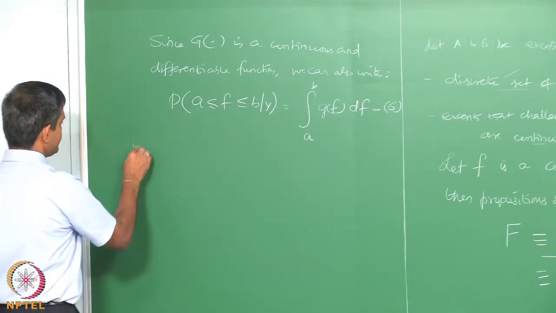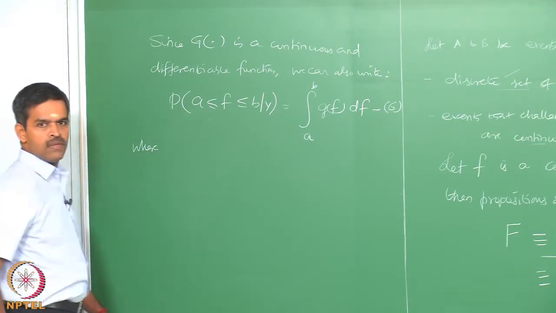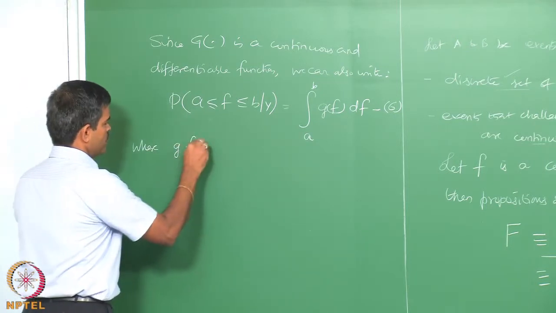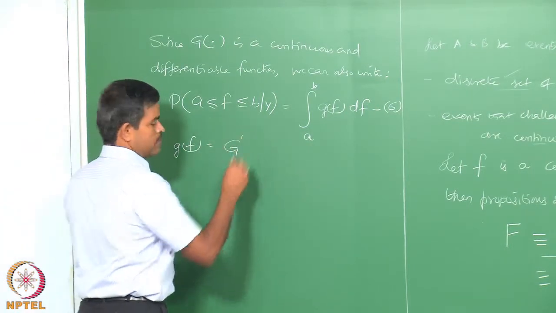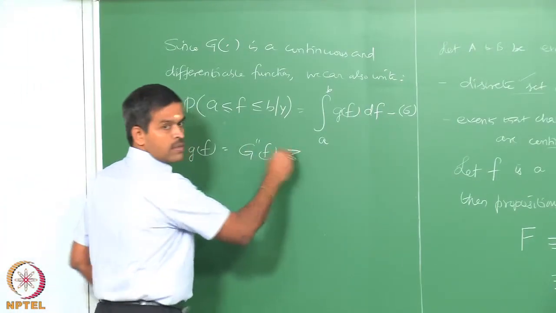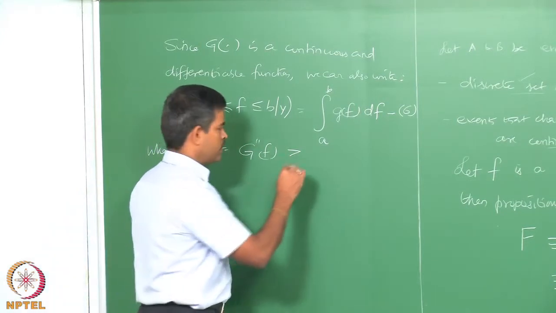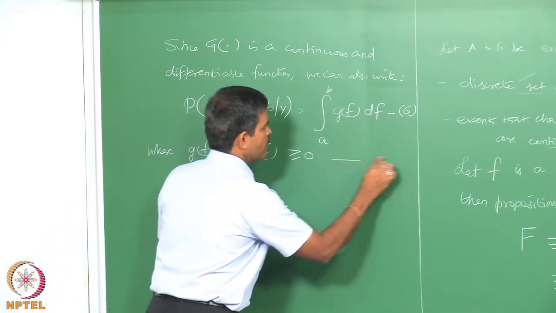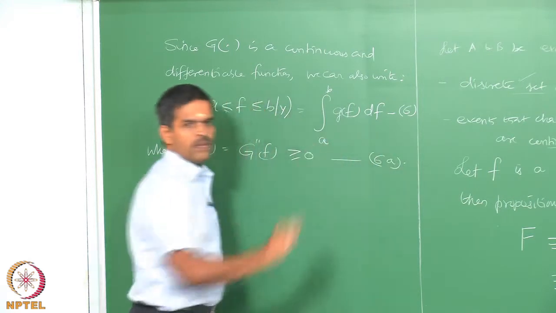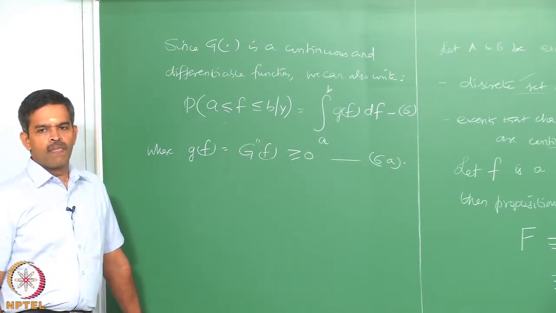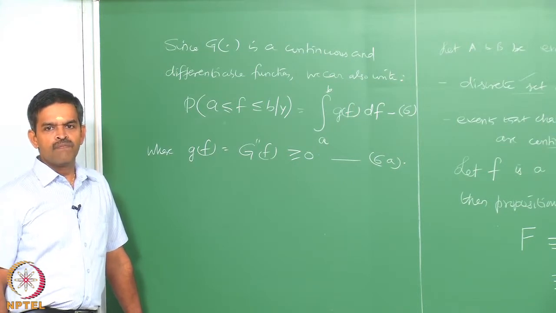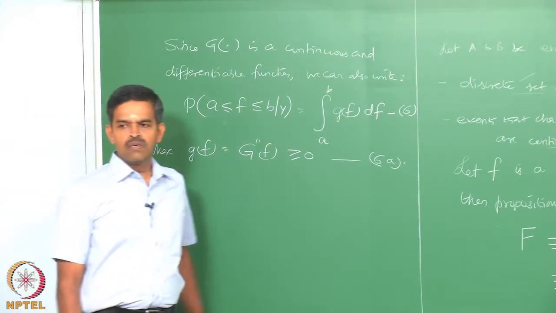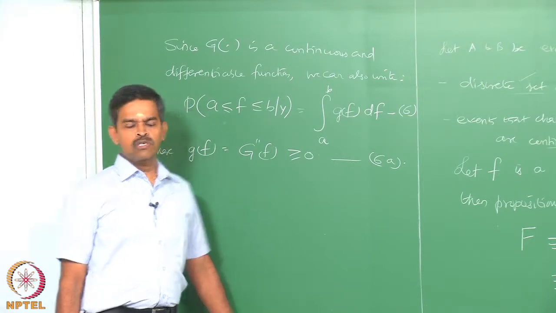Where g of f is nothing but greater than or equal to 0. Therefore, g of f is nothing but the derivative of G, which is generally called the probability distribution function.